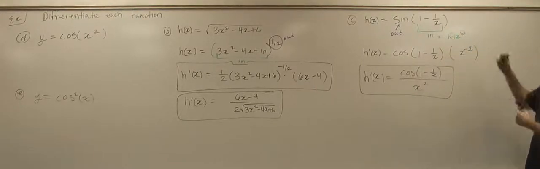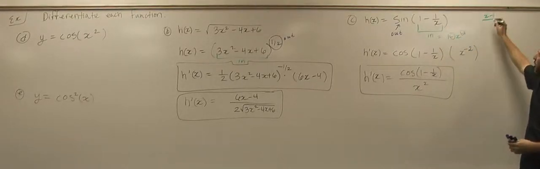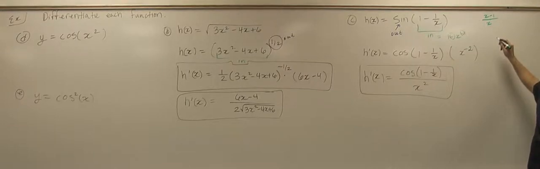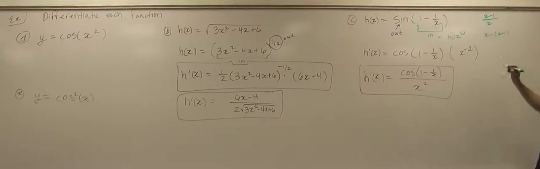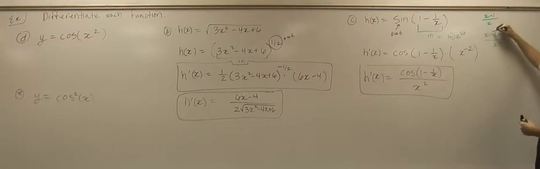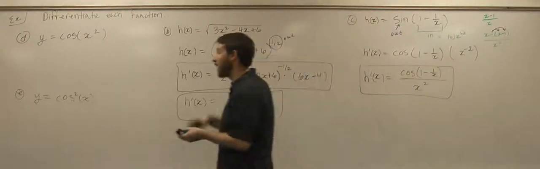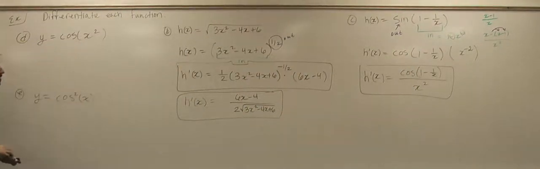Yeah, x minus 1 over x, and the quotient rule came out to x minus parentheses, x minus 1 over x squared. You said parentheses, right? Yeah, so you can do that, but it would distribute and become positive 1. So then it's really positive. I wouldn't do that, but you could.